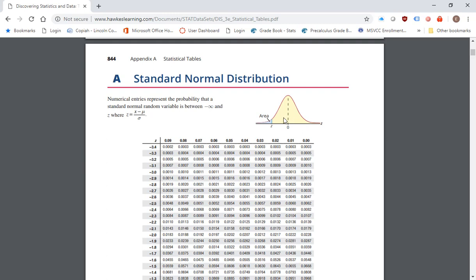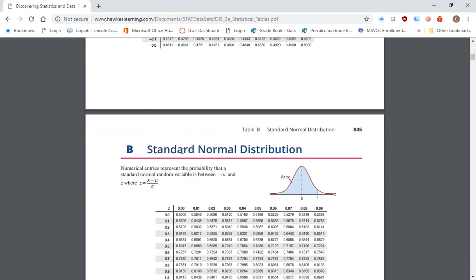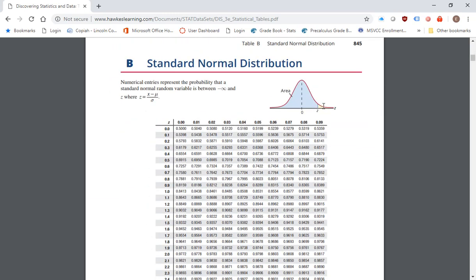You can think of z-scores like they're standard deviations away from the mean. Okay? So we had 2.00, and we wanted to know the area to the right of that. So for example, if this was 2.00 right here, I want to know the area to the right. So I have to say 1 minus, because I know the area under the entire curve is 1. So I'll say 1 minus the area that the table gives me.